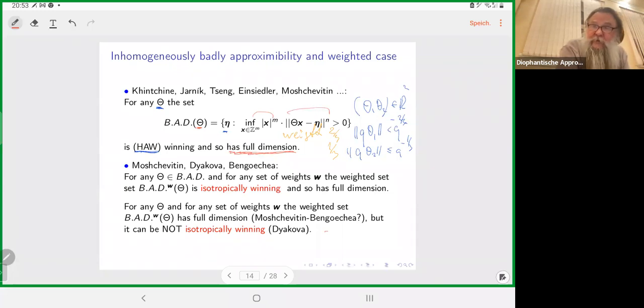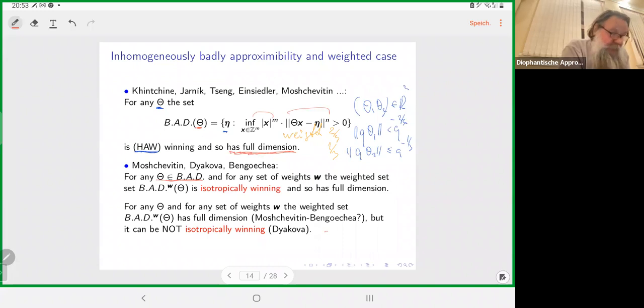Under a certain additional assumption, such as that the matrix itself is badly approximable, it is possible to prove a very strong winning property. We call this not absolute, but isotropically winning properties.